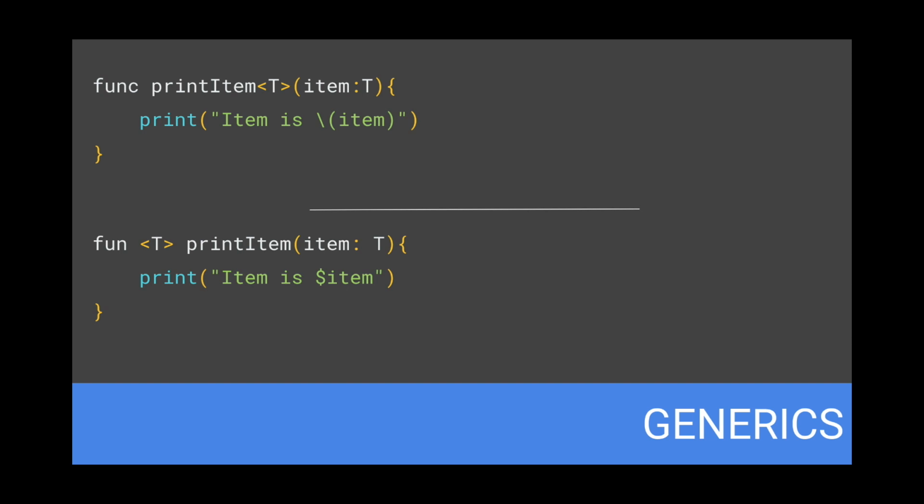Another example of something that I found really interesting is generics. Generics is not something new. It has been widely used since the 1970s by languages like Pascal, Ada, C++, Java, so it's really not something new. But it's really amazing, the power of generics. It's really important. A lot of the standard library is built on top of generics.